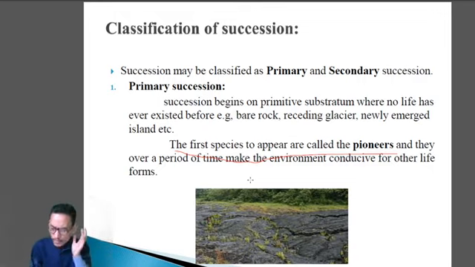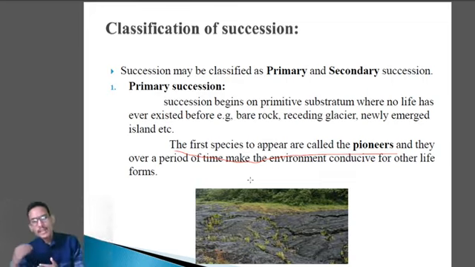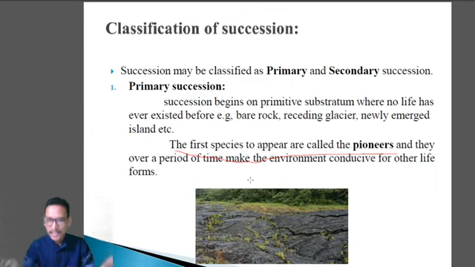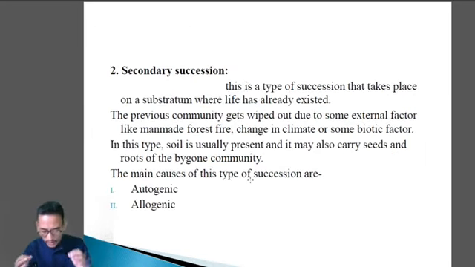The first community that appears on such an area is known as the pioneer community, and the pioneer community will change the environment in such a way that it becomes conducive for the next coming community, but for the same one it will be less hospitable. So it will be replaced by the next community. Clear? Now let's go to the next one, the secondary succession.